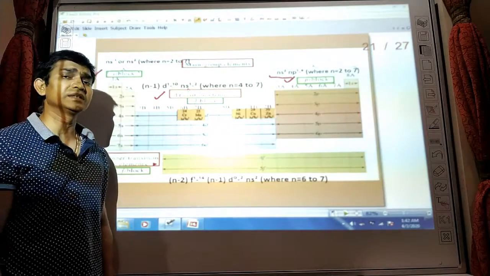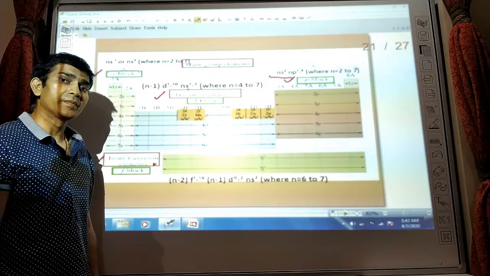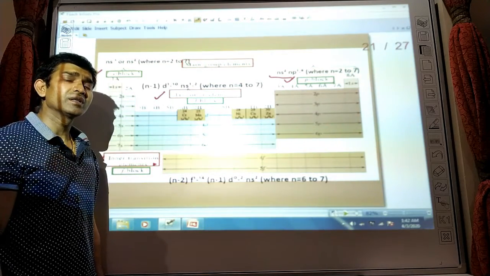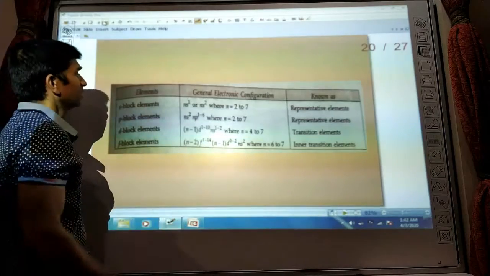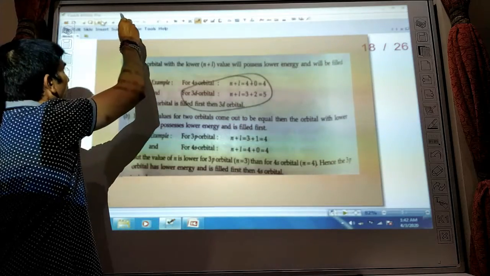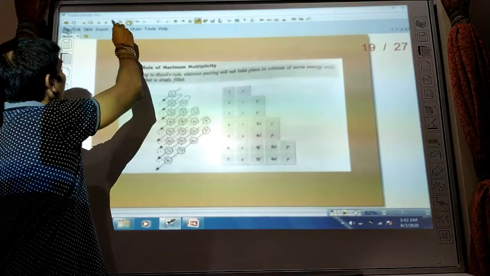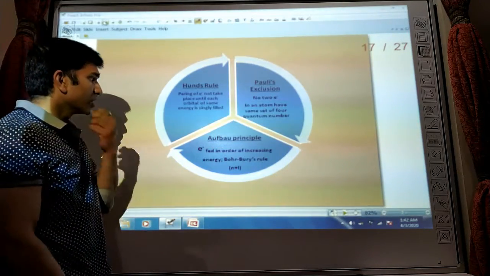What is important to remember while distributing the electrons is that there are 3 rules.